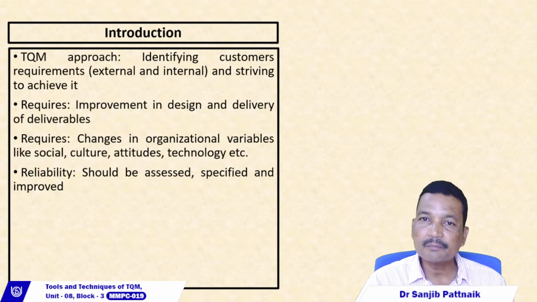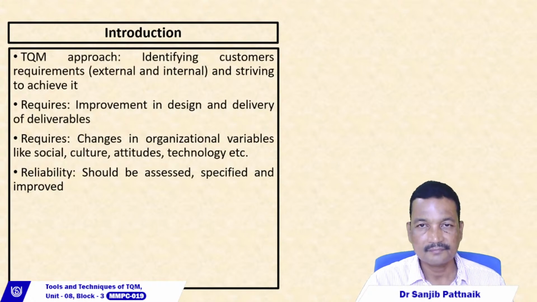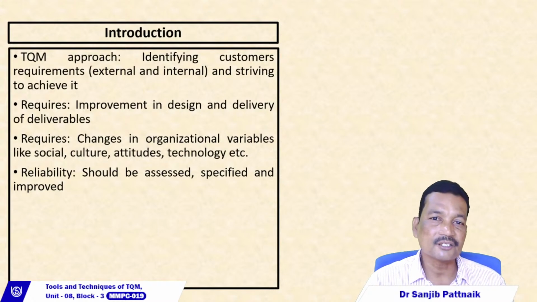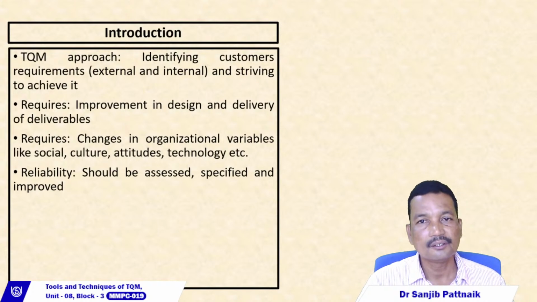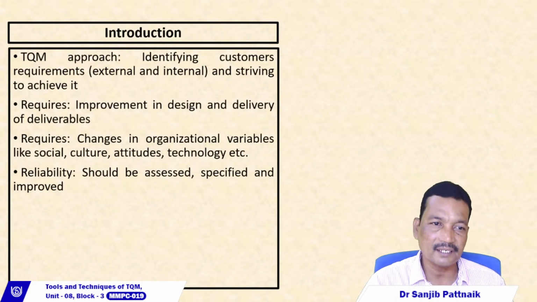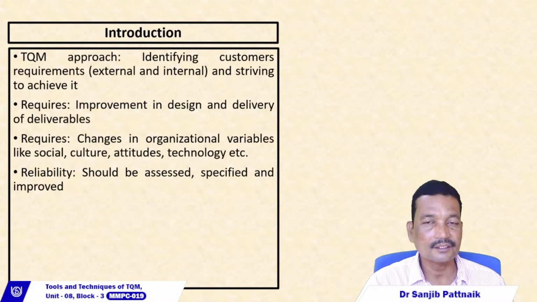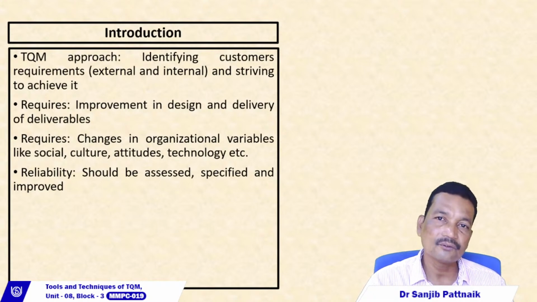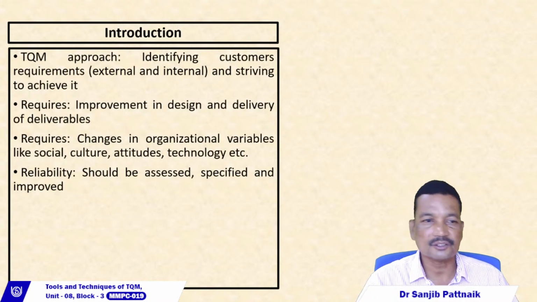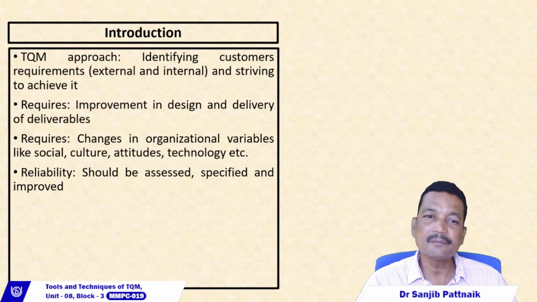Deliverables are the requirement of the customers. We as an organization should process the inputs in the conversion process and get the final output, which will be matching at least the requirements of the customers. So we say delivery of the requirement of the customers, or the deliverables.